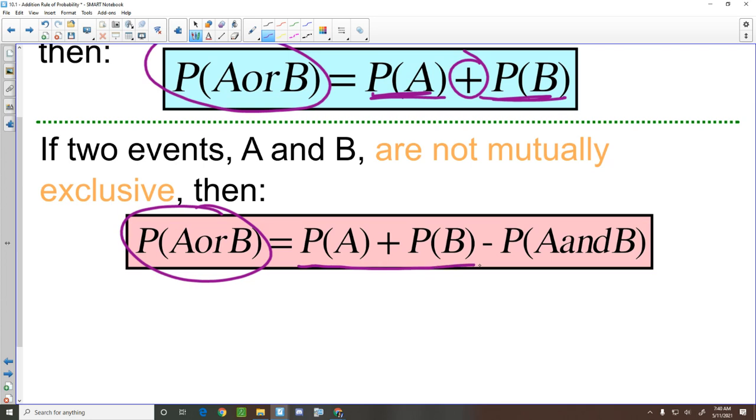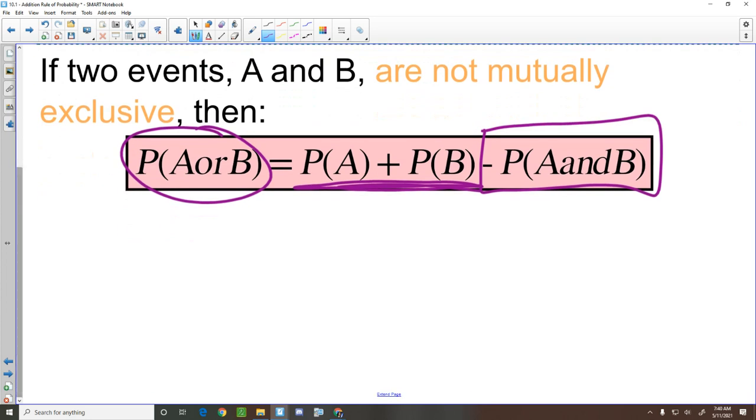So if you look at this, probability of A plus the probability of B, that's the same as the mutually exclusive option, but there's one additional part to it, and that's this subtraction of the probability of A and B occurring. So you have to subtract that out. Now here's why. Just make sure you've got this formula written down somewhere, because we're going to be using it.